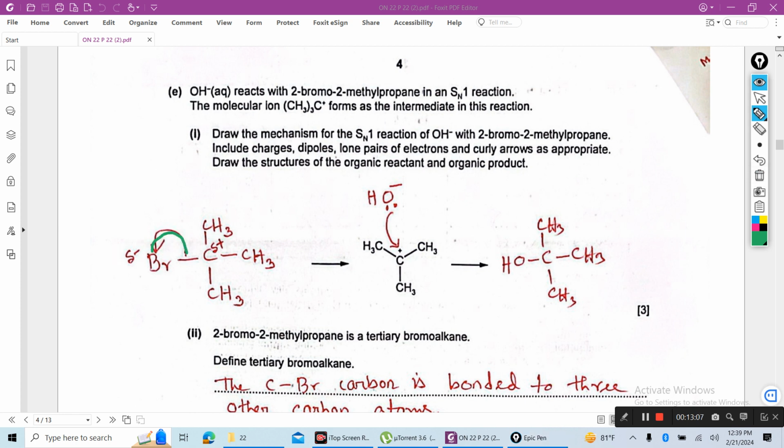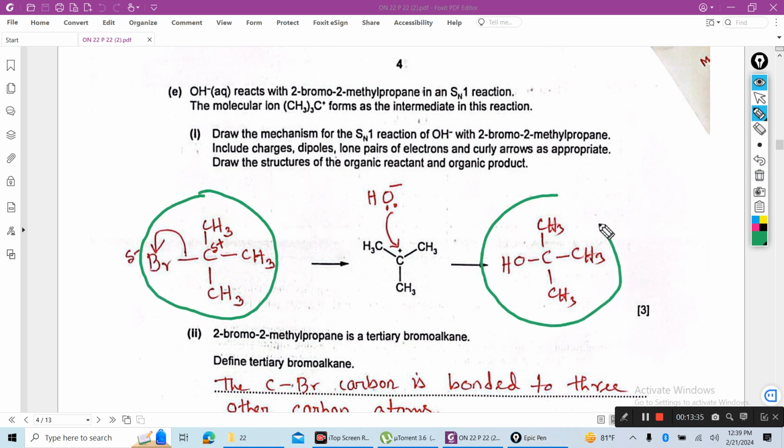So bromine is removed, and carbon forms a positive ion. This is known as a carbonium ion or carbocation, a positive carbon. Then this hydroxide ion gives its lone pair of electrons to form a bond with the positive carbon. So this is the haloalkane and this is the alcohol. This is the SN1 reaction mechanism.